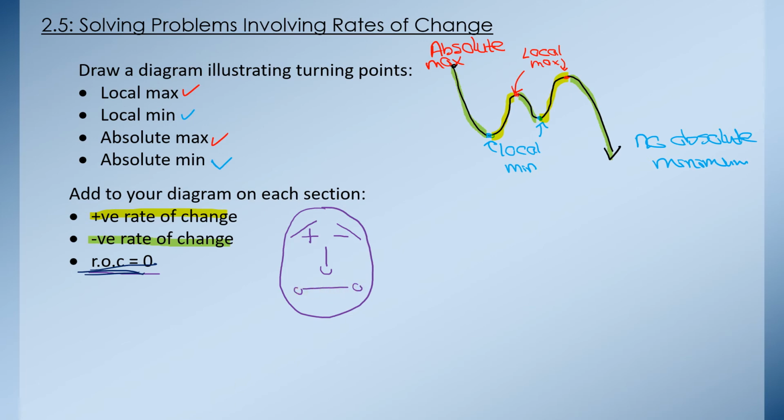So the only place I would have a slope of 0 is right at the turning point. If I drew a tangent line right here, that would have a slope of 0. So at any of my turning points, I have a slope of 0. Okay, now it doesn't include the endpoint or absolute max. So these all have a rate of change of 0. All the turning points have a rate of change of 0.